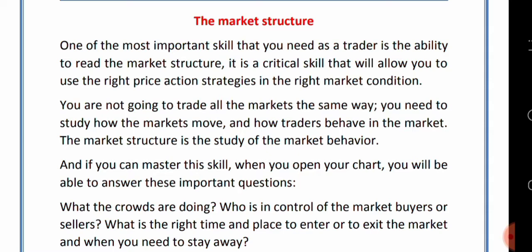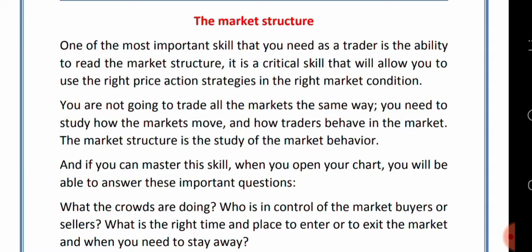Alright, one of the most important skills that you need as a trader is the ability to read the market structure. It is a critical skill that will allow you to use the right price action strategies in the right market condition. You are not going to trade all the markets the same way. You need to study how the markets move and how traders behave in the market.